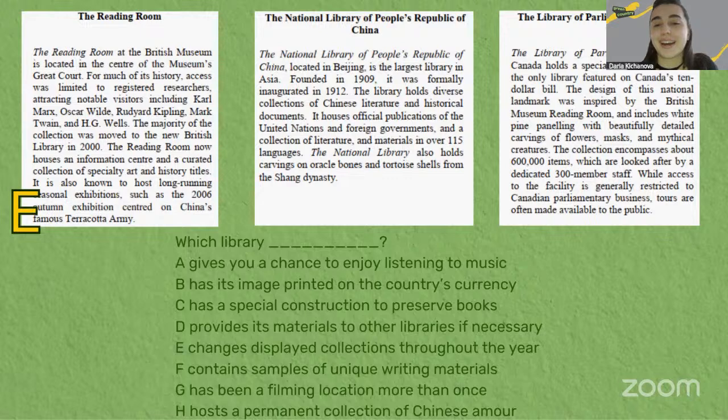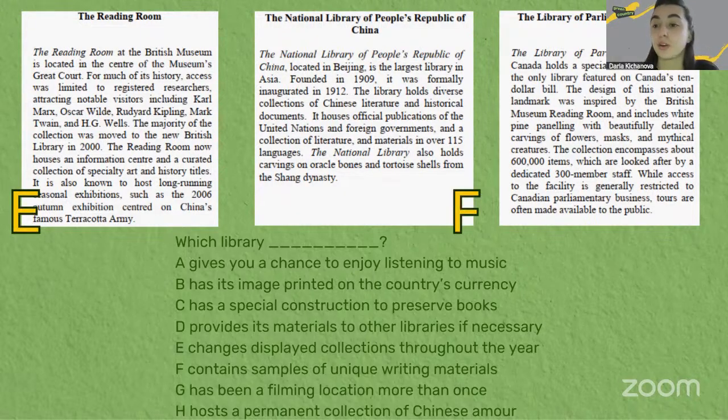Good. That is nice. We are moving to text 5. The National Library of the People's Republic of China. F, you think, is next. Okay, all right, good. That is true.